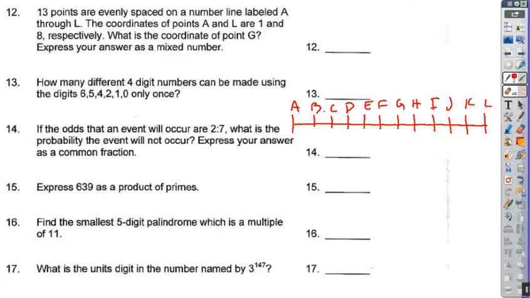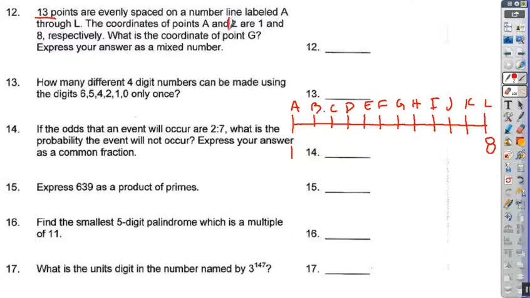So we say that there are 13 points labeled evenly on a number line going from A through L. The coordinates of point A and L are 1 and 8 respectively. So I have a number line, and I'm labeling these 1 and 8. Now, I'll tell you my concern right now.